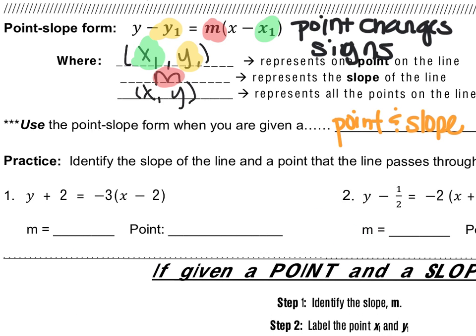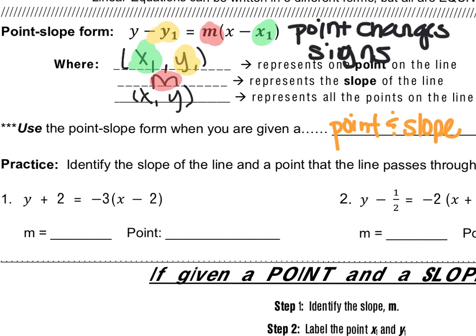If we look at problem 1, we're asked to identify the slope of the line and a point that the line passes through. So remember, we need to pay attention to three things. We pay attention to the number in front of the parentheses, which is -3. We pay attention to the number in the parentheses, which is -2. And we pay attention to the number over here with y, which is +2.